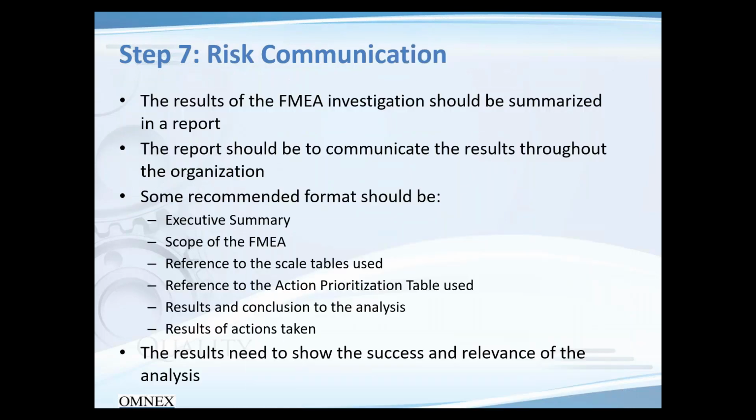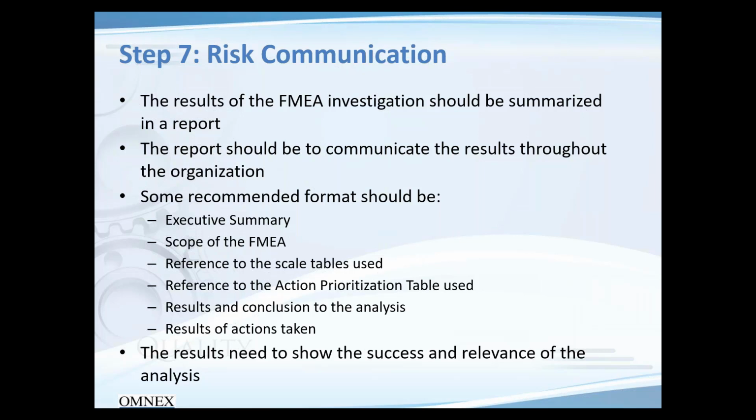Then the seventh step is risk communication, and this is based on the investigation, what's going to be done. Some of the formatting in risk communication is that there's some executive summary, some evaluation of the areas that have been identified that need to be improved, and what actions are being taken. It also would communicate the scope of the FMEA and what systems it was working on.